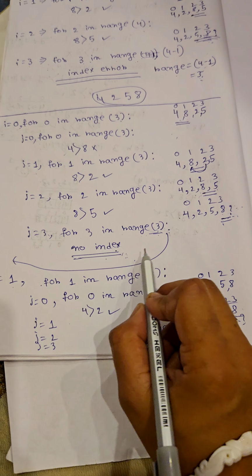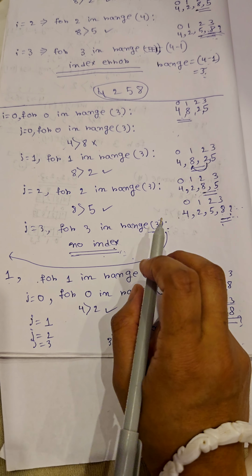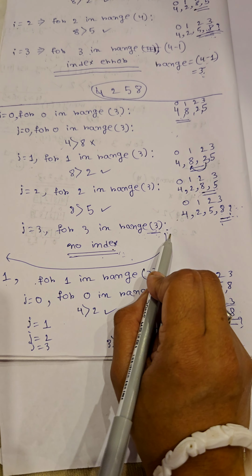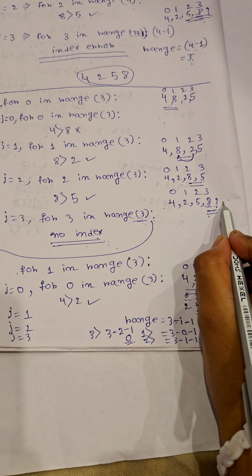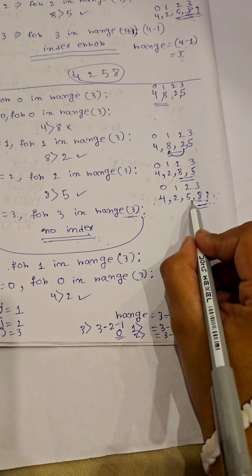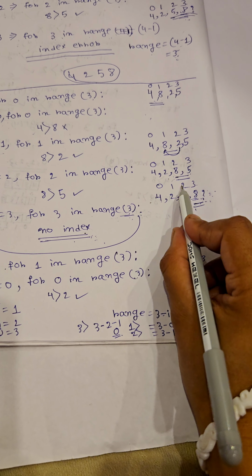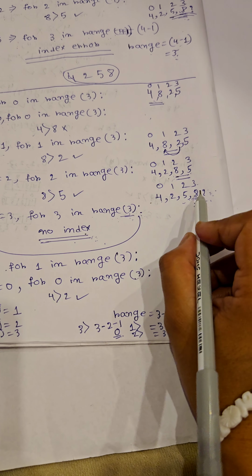So better we write minus 1 again inside the range of the inner loop, because for the last index we will not have anything to check. So it is better that when this is index 2 and this is index 3, we check between these indices.